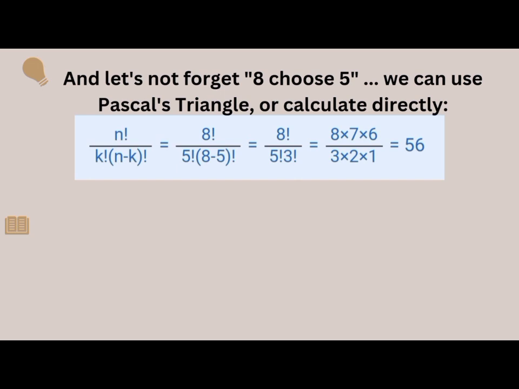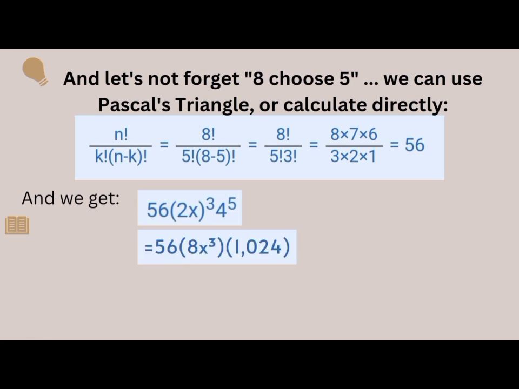Then, 8 times 7 times 6 over 3 times 2 times 1 equals 56. And we get 56 times (2x)^3 times 4^5. (2x)^3 equals 8x cubed. 4^5 equals 1024.